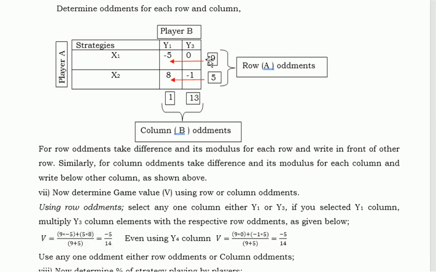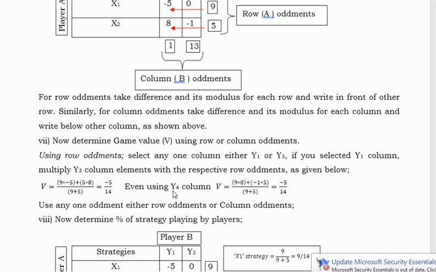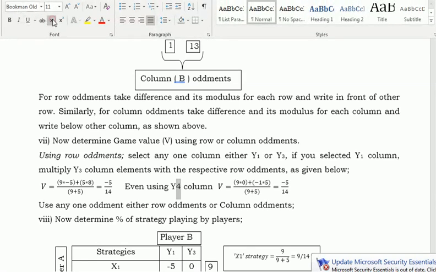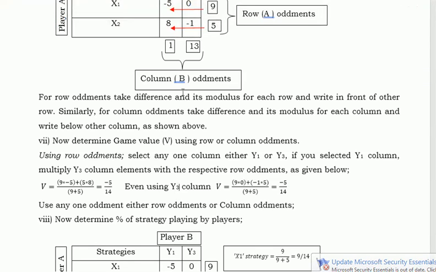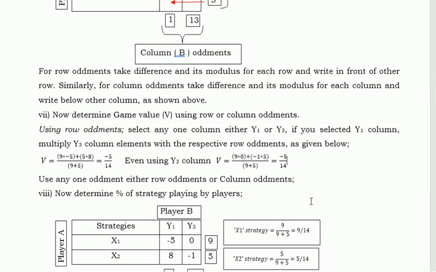If you use the y3 column, 9 into 0, 5 into minus 1, divided by 9 plus 5, minus 5 by 14. This is the game value. In both cases, it is minus 5 by 14.